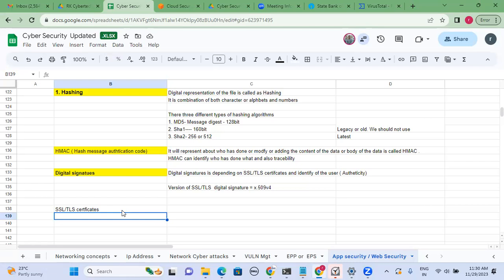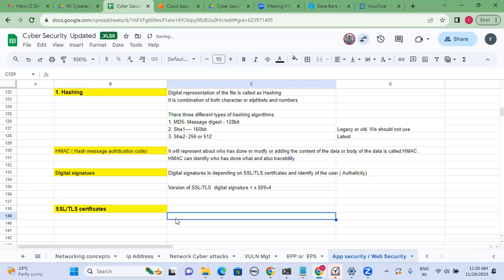Now these certificates are of two different types. SSL/TLS certificates are two types. One is self-signed.